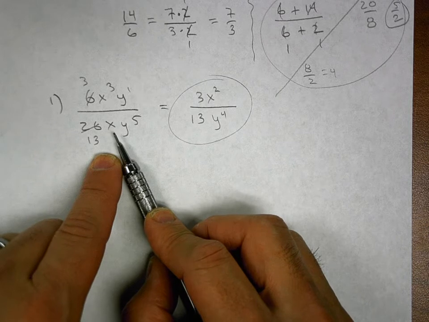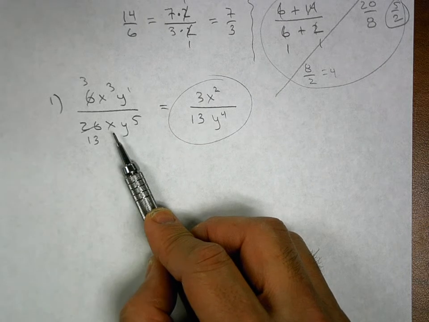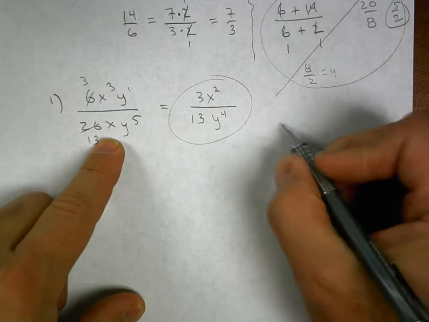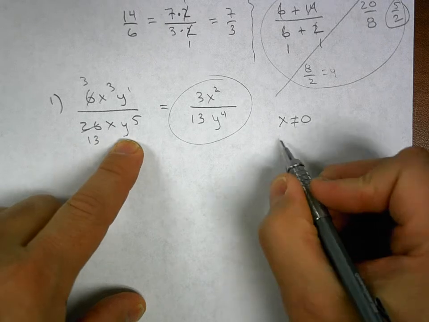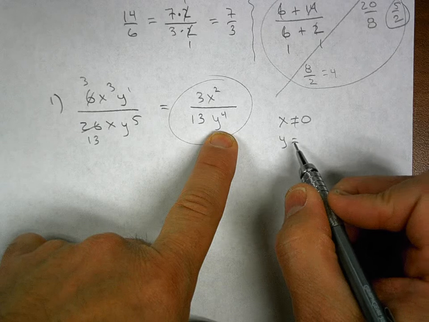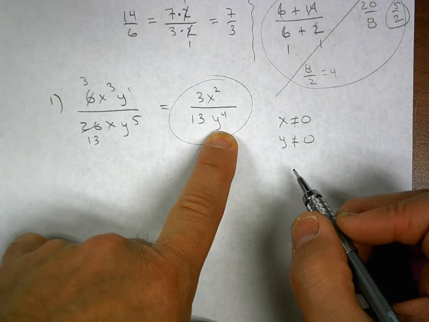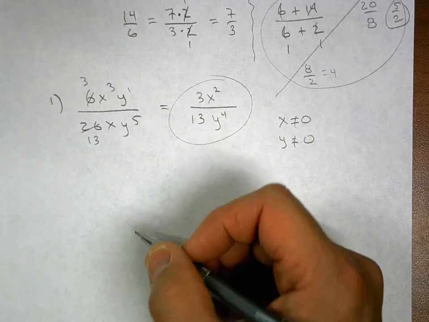What can't x be? x can't equal 0, because that would make the denominator 0. So we'll put x cannot equal 0. And y can't equal 0 as well, because that's undefined. You can't divide by 0.